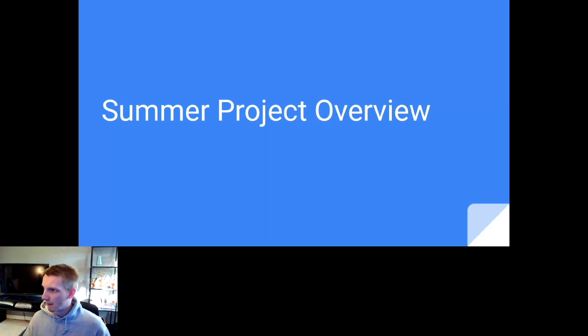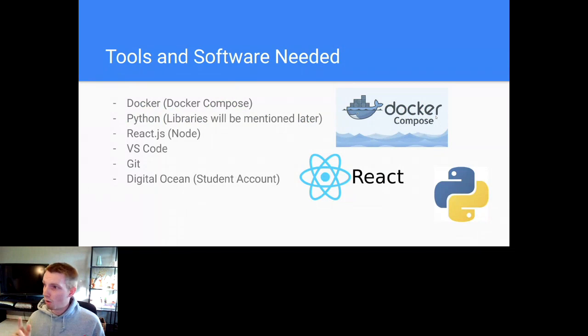So, the summer project overview. Hopefully you got an email from me or you read the description of the event about some things that you need to install. Docker, and you don't need to worry about Docker Compose. I thought you had to install that externally. You don't. So just Docker, Python.